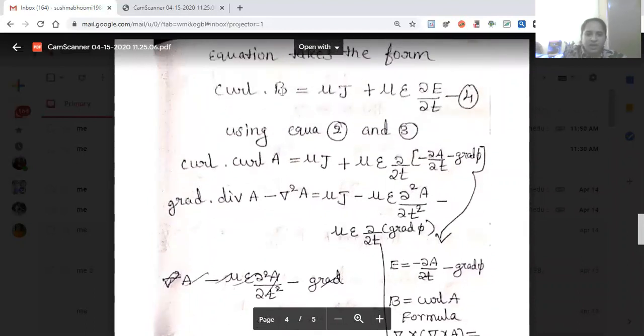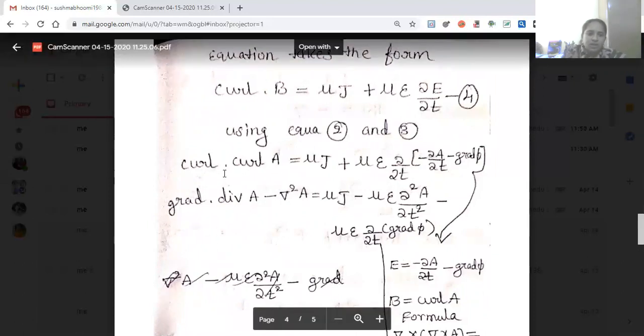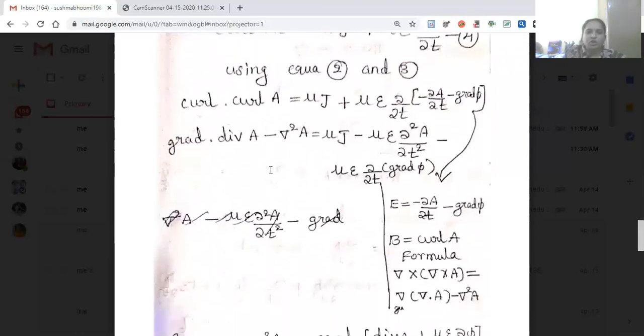In place of B, I'm substituting curl A, and mu J as it is, and then mu epsilon del by del T of, in place of E, minus del by del T of A minus grad phi. So now we'll simplify this curl of curl A. What is curl of curl A? You already know this formula.